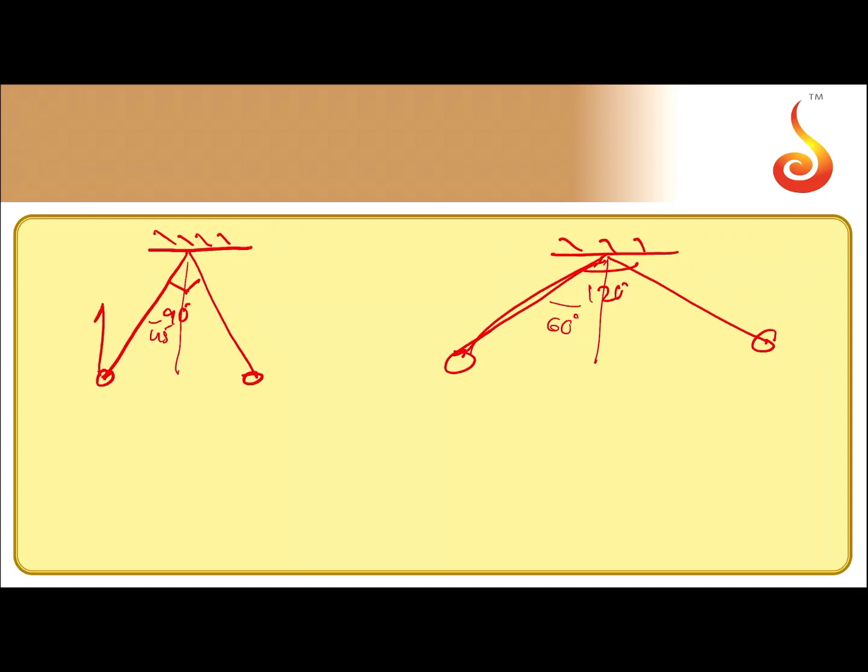The forces are: this is T, so you have T cos 45 and this is mg. This is T sin 45 and this is the electrostatic force. Clearly you have F equal to mg tan theta, or I should write mg dash tan theta, because there is an upward force.